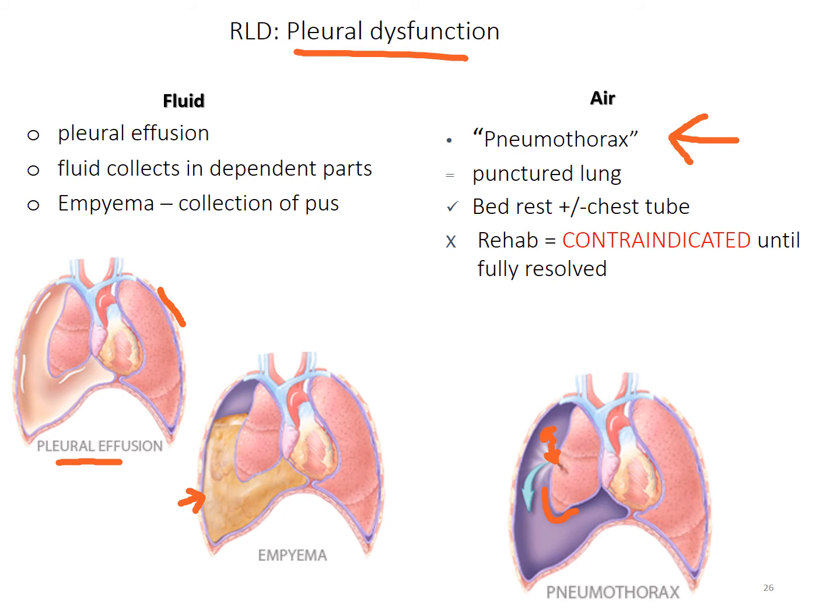So of note with this is that rehab is contraindicated until the problem is fully resolved. And you also want to be careful long term with any techniques involving large pressures, as there is an increased risk of recurrence. So inspiratory muscle training, for example, we're not going to do that with these patients, even once it's healed.